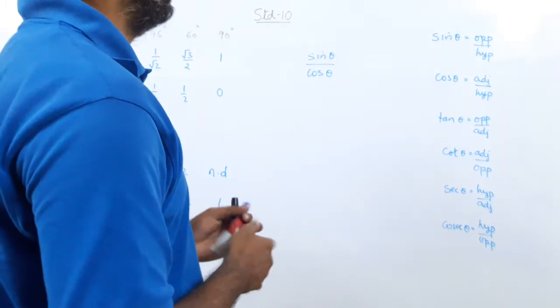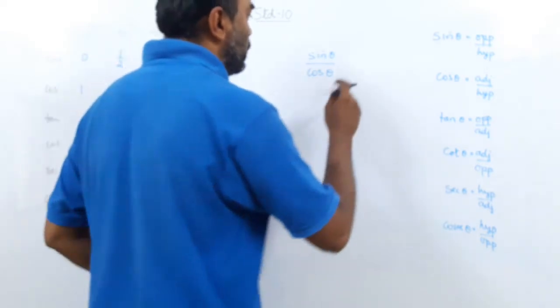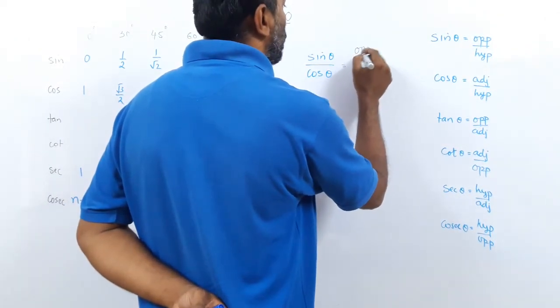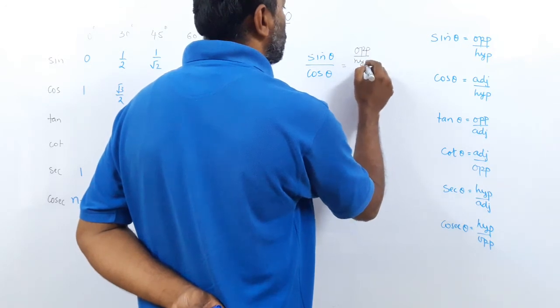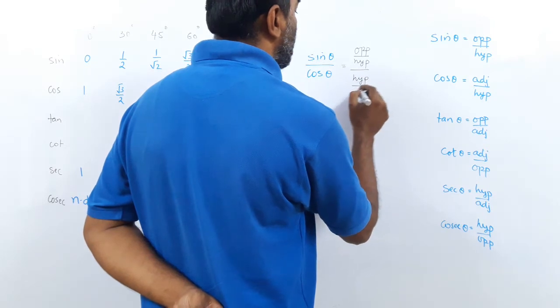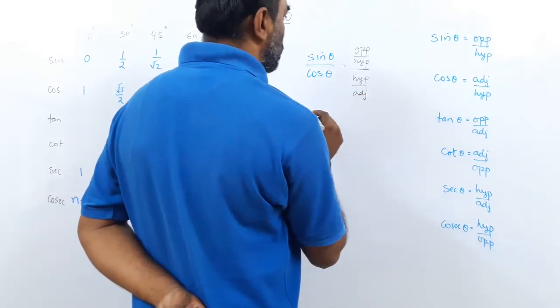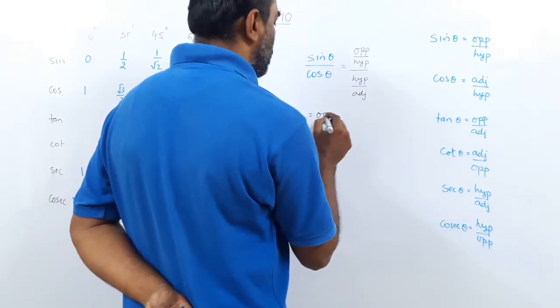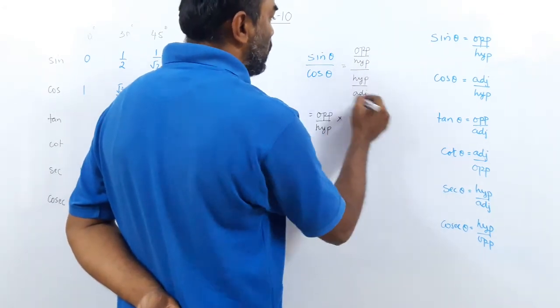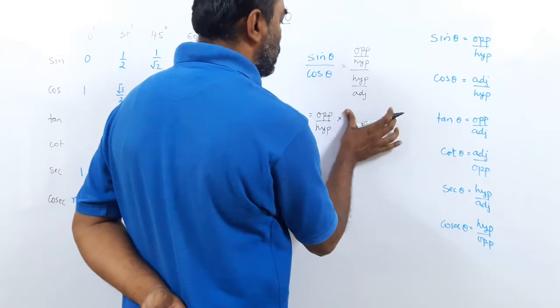If I divide sine theta by cos theta, what should I get? Let me write. Sine theta is opposite upon hypotenuse.